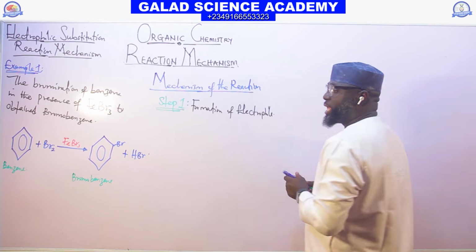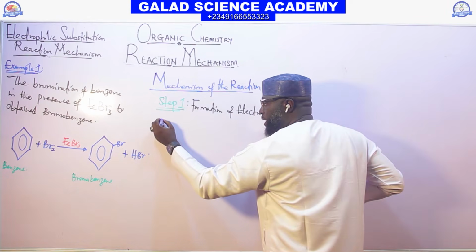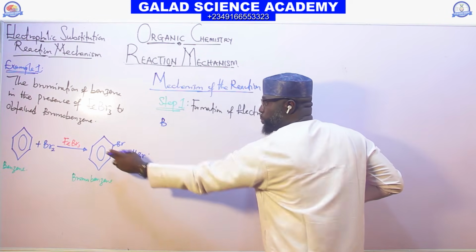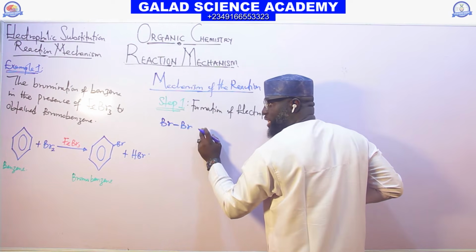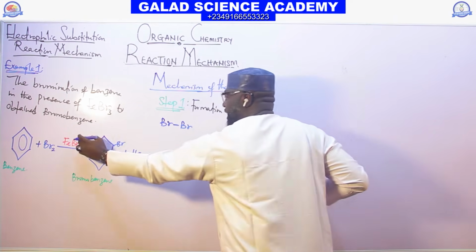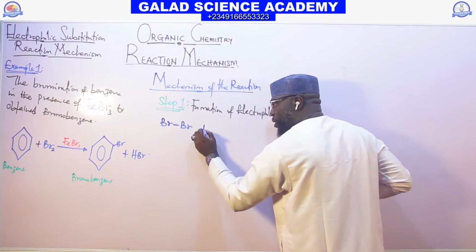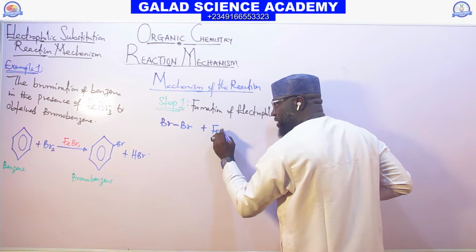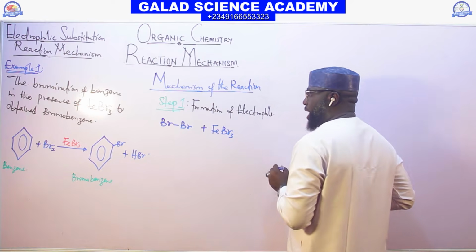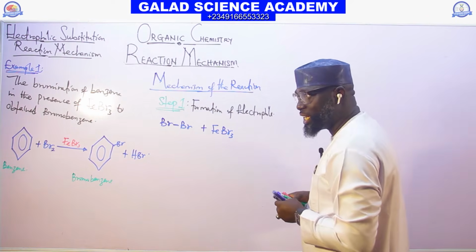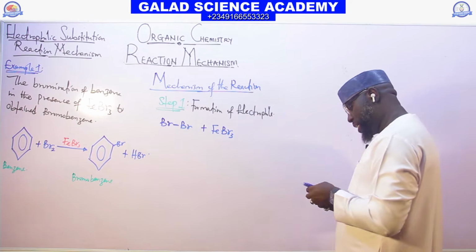By doing that, look at it here. We have bromine. The bromine is Br2, Br, Br. This is how we write it here, plus the catalyst FeBr3. As we all know, the catalyst does not participate in the reaction.